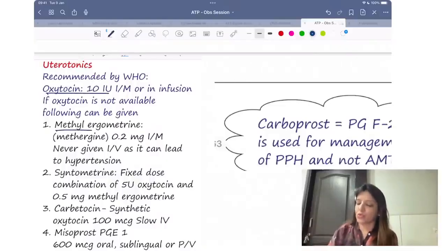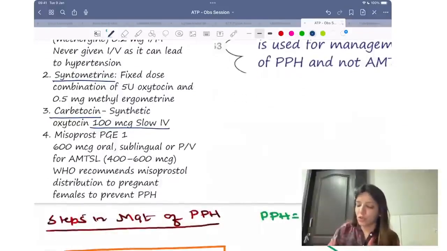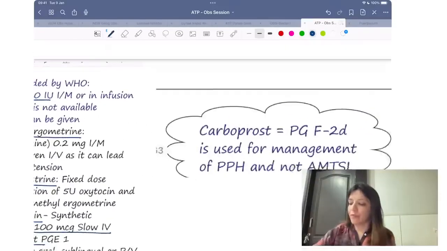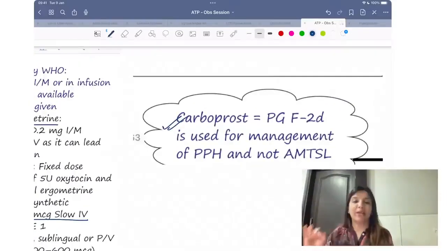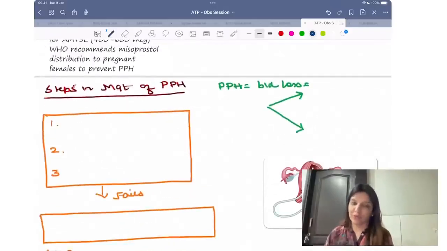Other than that, you can use methylergometrine. Besides methylergometrine, syntometrine, carbetocin, which is 100 micrograms slow IV. You can use misoprostol, that is 600 micrograms, right? Please remember, carboprost is used for management of PPH and not for AMTSL. Clear?